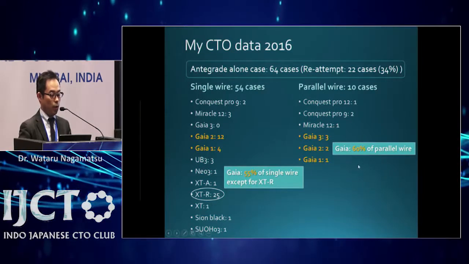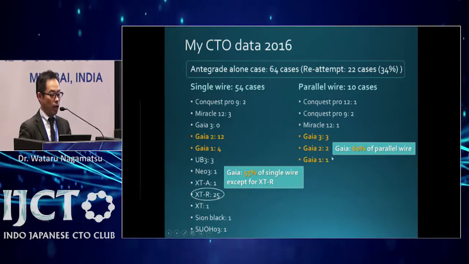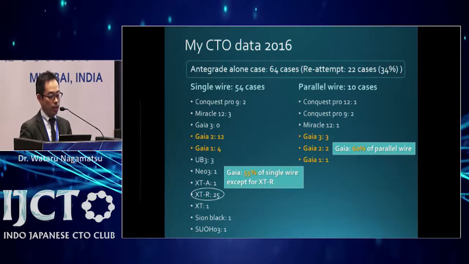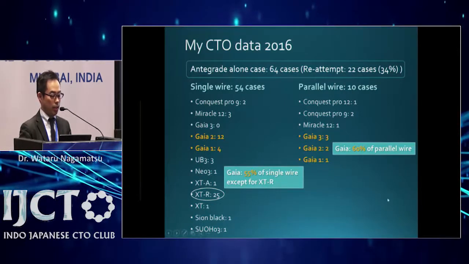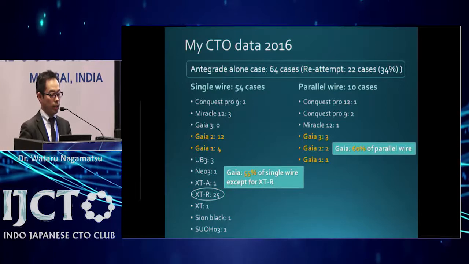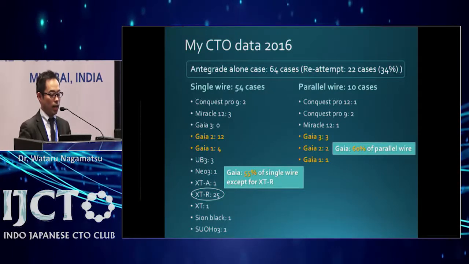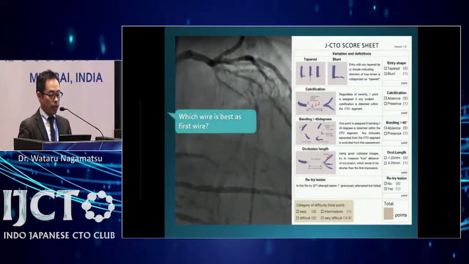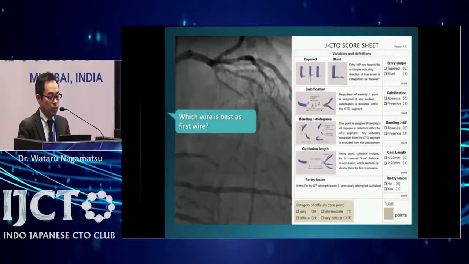In the parallel wire technique, we can see the tendency that we need harder wires compared with the single wire technique. Amazingly, 60% of the parallel wire cases used hard guide wires, a very high ratio.